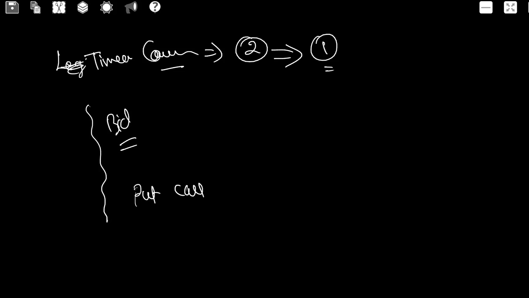So if you have the put value or the call value, either of them, and you are asked to calculate the other one, then you need to apply call put parity.